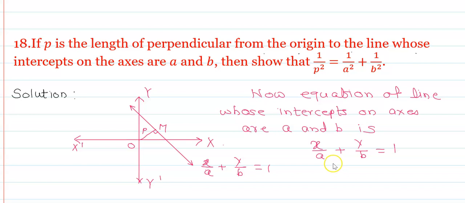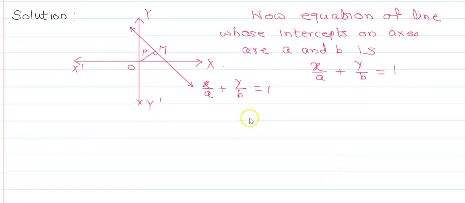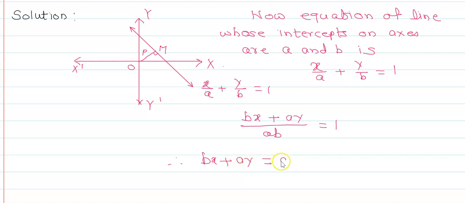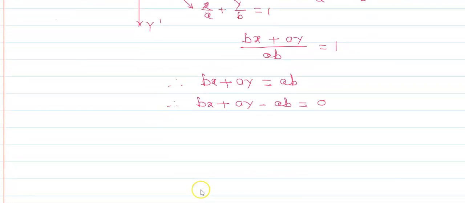Okay, now here we will simplify this. b into x plus a into y upon ab is equal to 1, and therefore bx plus ay is equal to ab, and therefore bx plus ay minus ab is equal to 0.